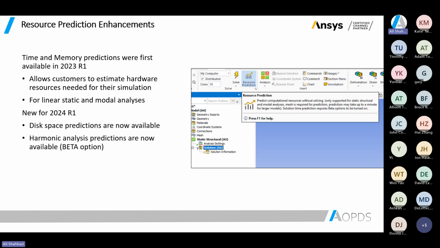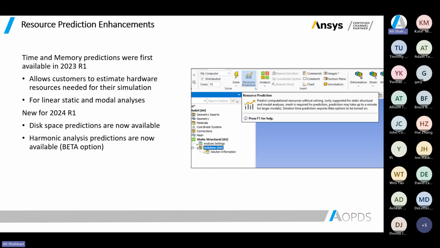Resource prediction enhancement. Another issue that we had and we have seen was resource prediction not being able to do a good job to provide accurate results in multiple different physics also. So now that has been improved. So time and memory predictions were first available in 2023 R1 and allow customers to estimate hardware resources needed for their simulation, basically.